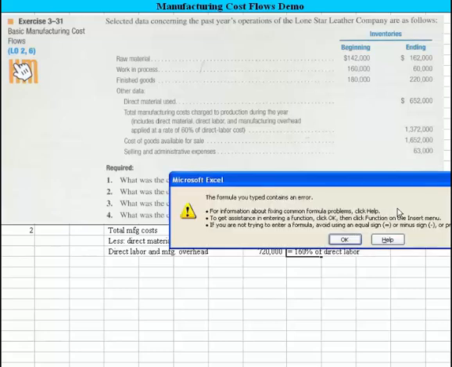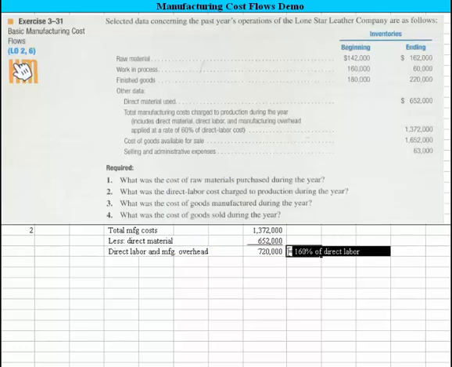Excel gives me an error because I put an equal sign, so let me turn it into a text string. To determine the direct labor, we set direct labor equal to the 720 divided by 160%, or 1.6. You could enter it as 160% or 1.6; both will give you the same answer. So we'll enter in Excel 160%, and that tells us our answer for direct labor.